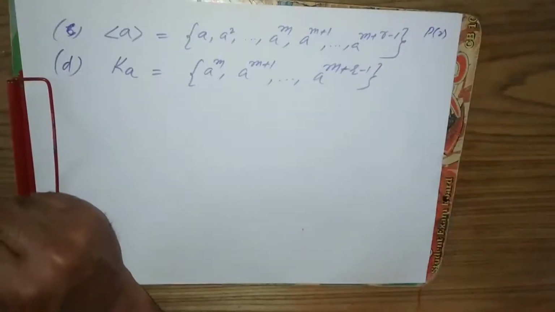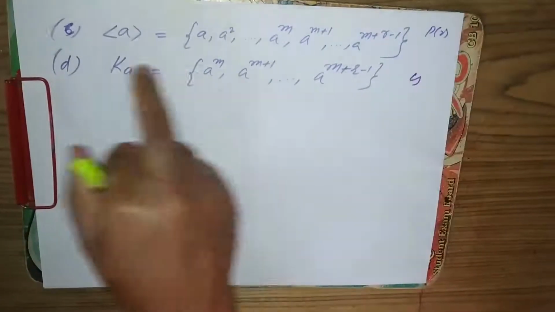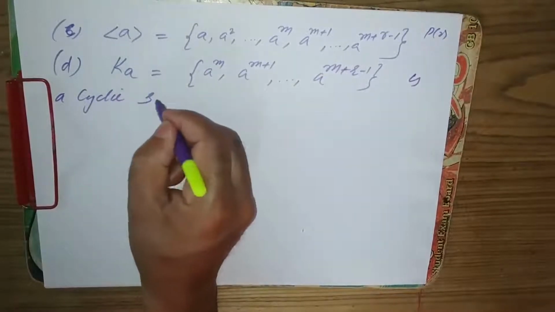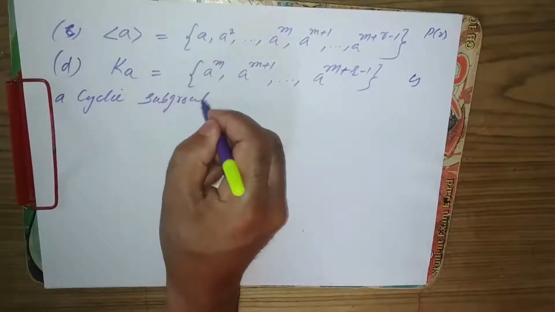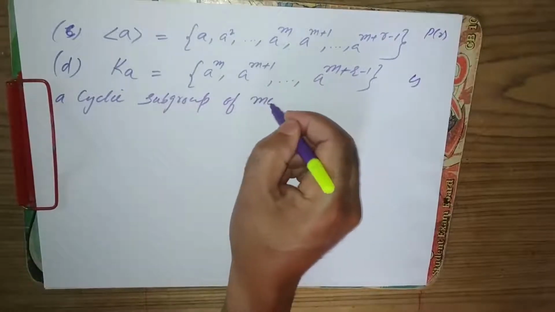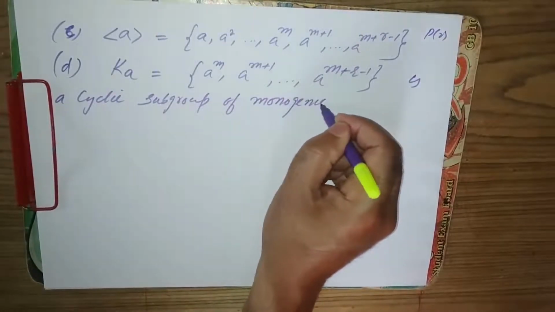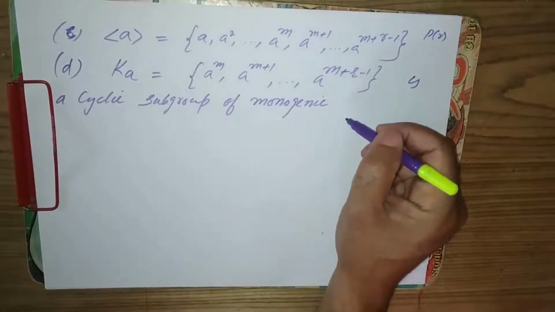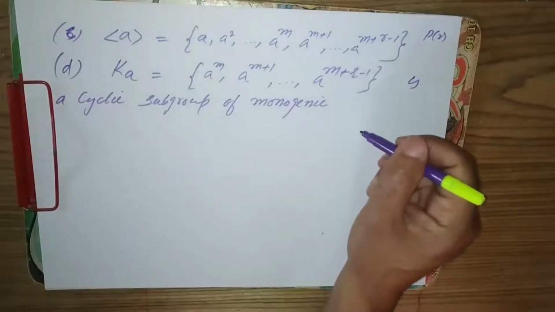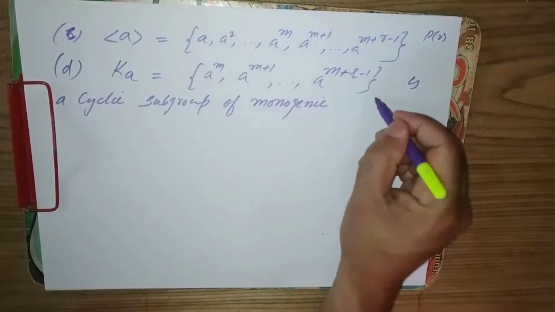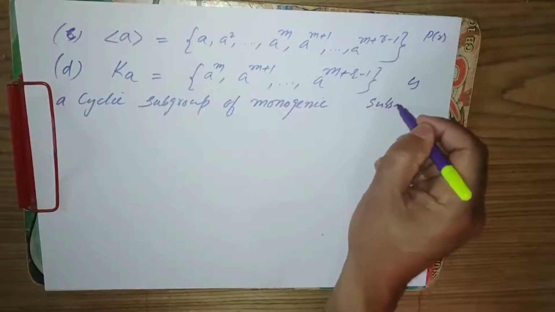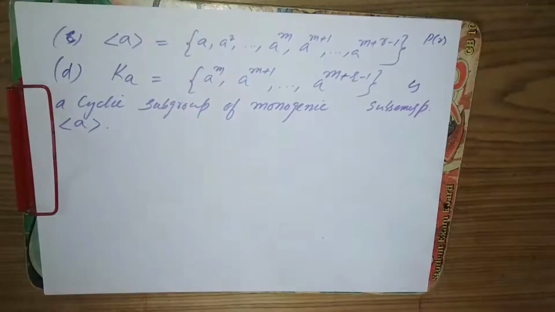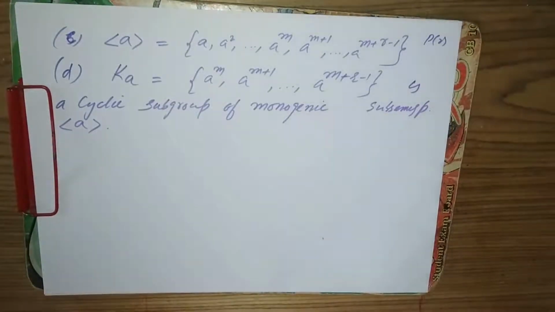This set is a cyclic subgroup of the monogenic subsemigroup generated by A. So that's the statement of this theorem.